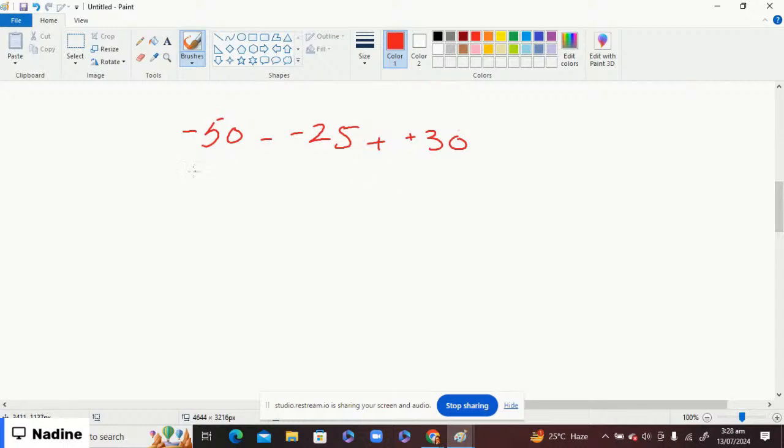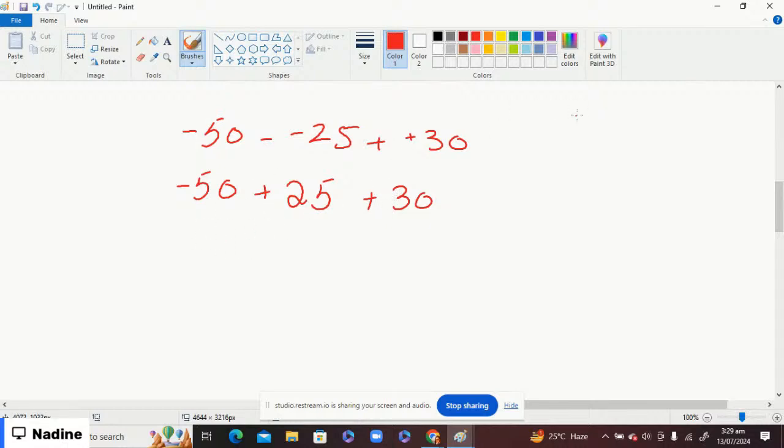Minus 50 we are going to put as it is. There are two minus signs here. So if there are two minus signs, what do we do? Add. It's 25. If there are two plus signs, it's plus 30.